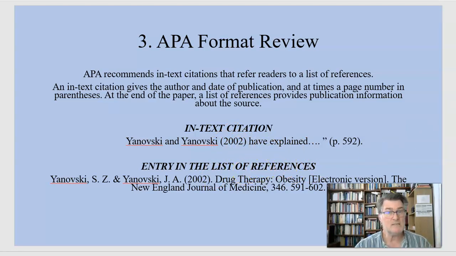Whether you want to call it list of references, bibliography, works cited, it doesn't matter to me. But you need to have that page and make sure that this article, this one by Yanofsky and Yanofsky in 2002, I see here because I see you used it in your in-text body paragraphs. And it's that simple. So when you're using those, identify where you use it in the body paragraphs and make sure that it is referenced in the works cited page.